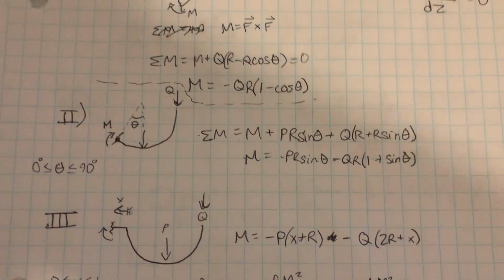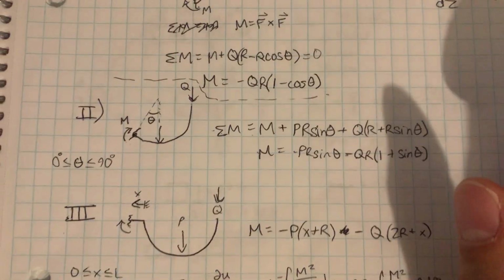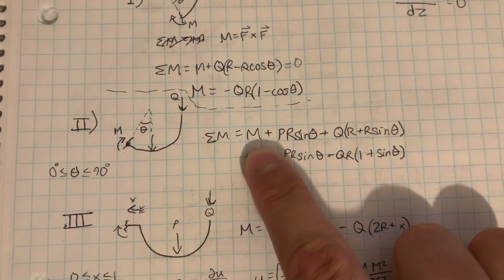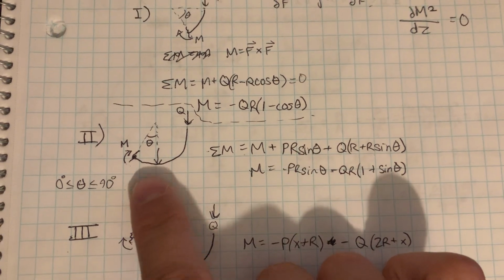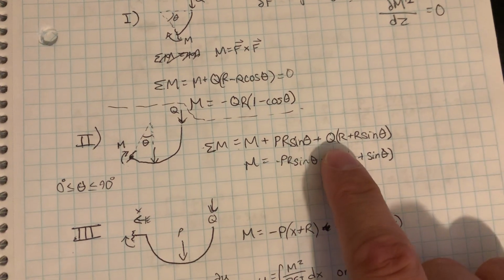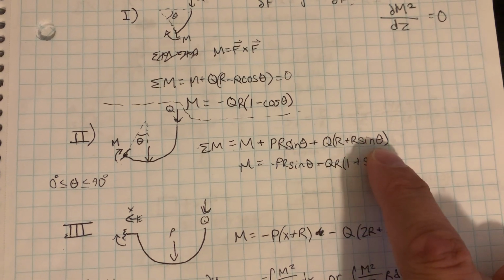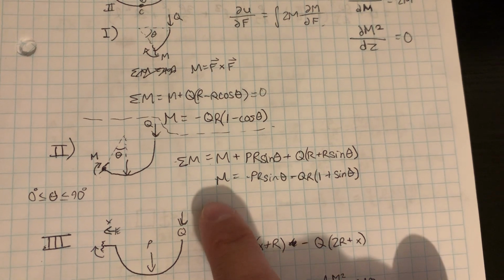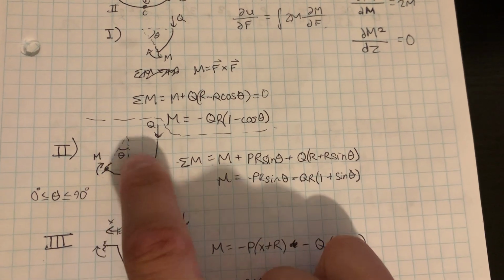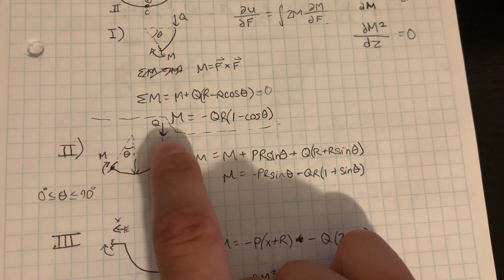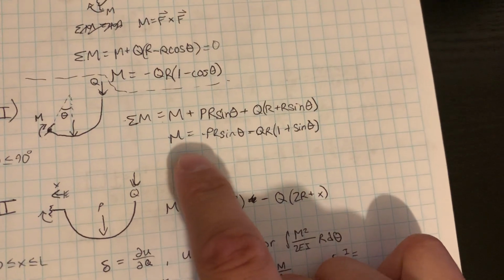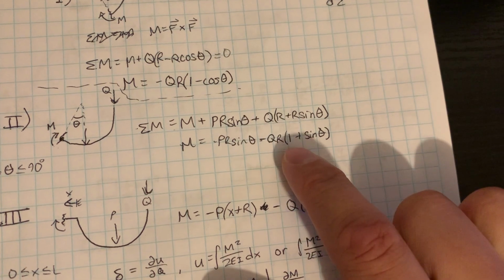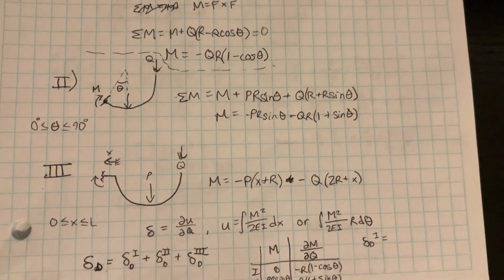So we have the sum of moments equals M plus PR sine theta, the force P, plus Q times (R plus R sine theta). So it's this moment, this force P, and fictitious force Q. We have M equals minus PR sine theta minus QR times (1 plus sine theta).